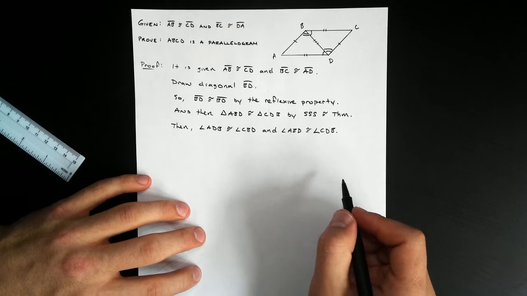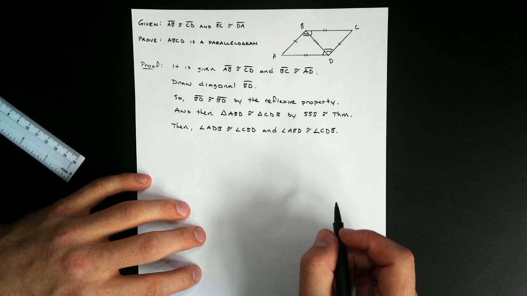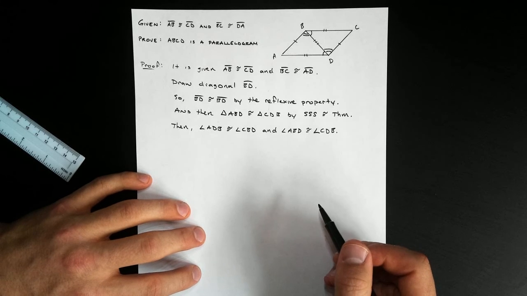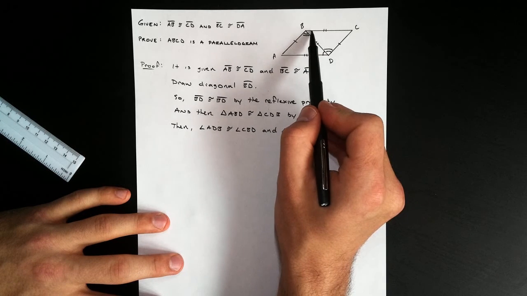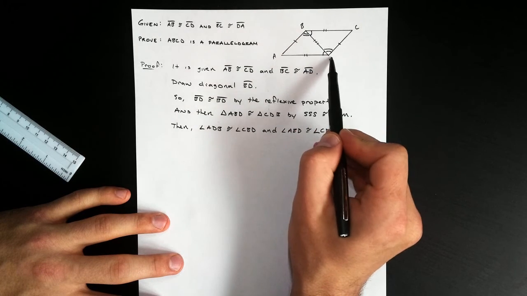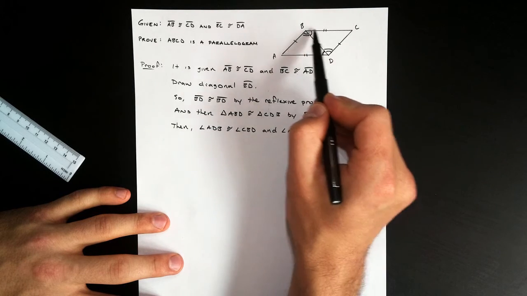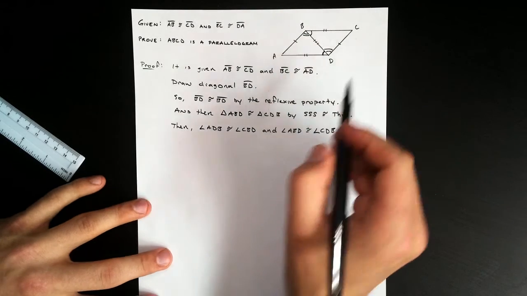And as you've seen many times, whenever I know that some angles are congruent like this, if we have these angle relationships, this is going to lead me to some parallel sides. So, because CBD and angle ADB are congruent, that gives me a pair of alternate interior angles. That makes AD parallel to BC.